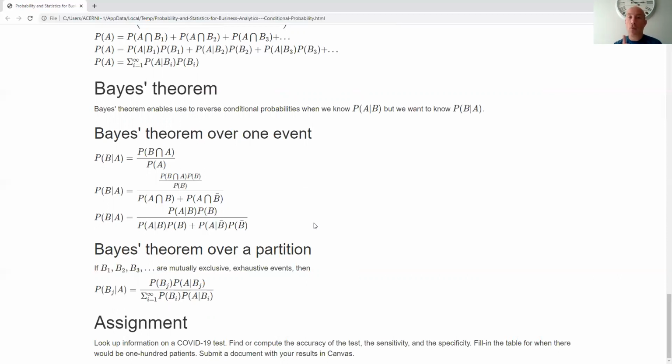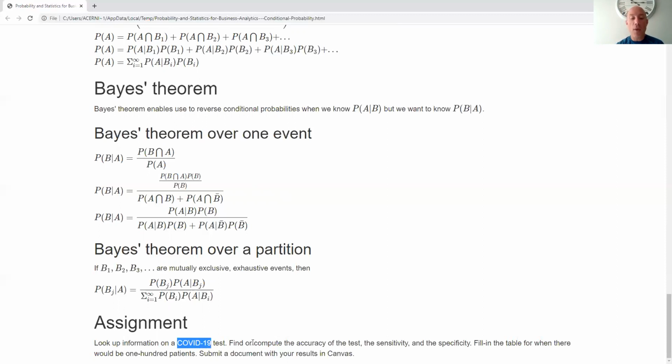Now, for our assignment, we want to find the accuracy, sensitivity, and specificity of a medical test. For this example, when I'm filming the video, I might change the test if another disease breaks out. We're going to look up the information about the COVID-19 test.